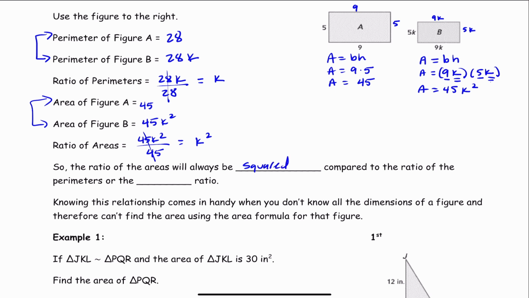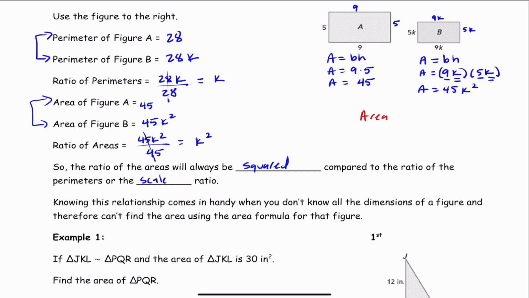Because remember, when we're talking about units, we always square our units when it comes to areas compared to the ratio of the perimeters or the scale ratio. So area is always two-dimensional, and when we're talking about perimeters, that's always one-dimensional. So let's write that down.